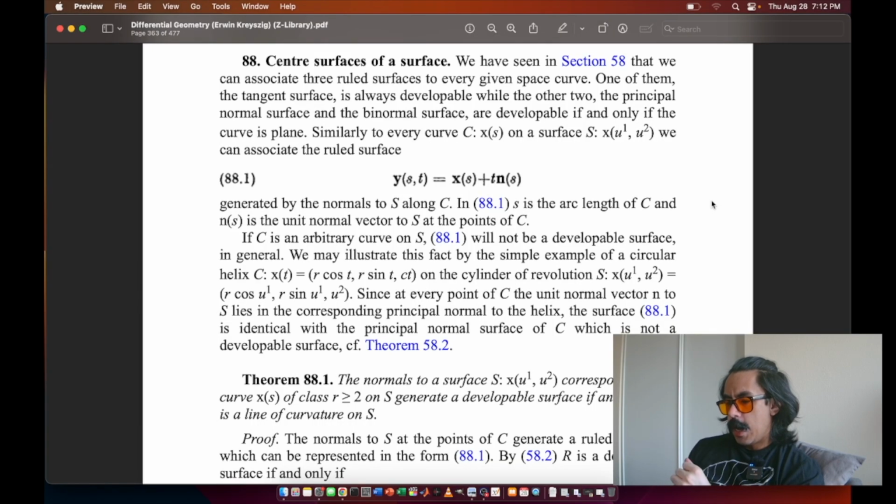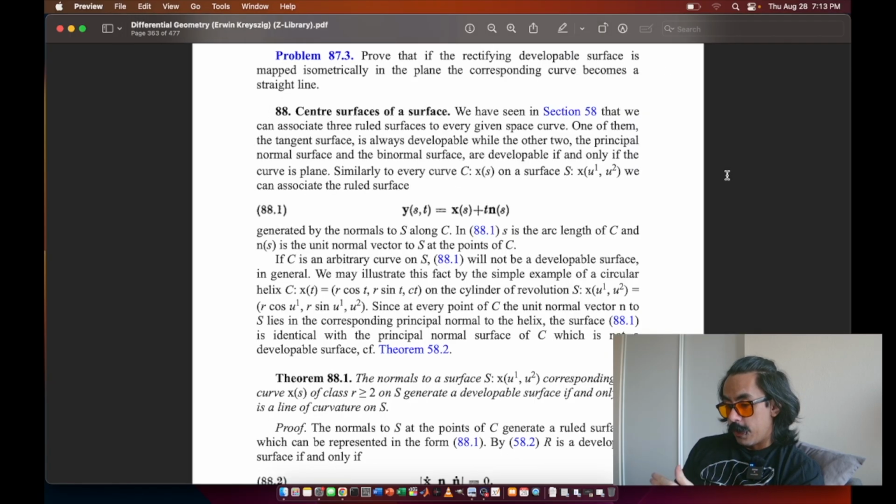So section 88, center surfaces of a surface. We have seen in section 58 that we can associate three ruled surfaces to every given space curve. One of them, the tangent surface, is always developable, while the other two, the principal normal surface and the binormal surface, are developable if and only if the curve is plane.